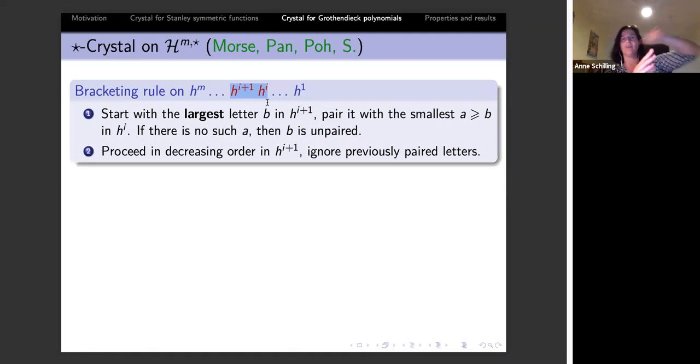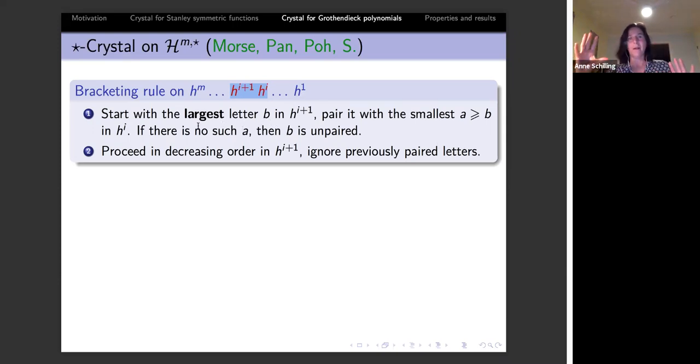And then we had this bracketing rule. We bracketed a letter here with something bigger, the smallest one that was bigger in the right factor. And basically, we are now going to do exactly the same with one little change, namely, instead of bracketing with something strictly bigger, we are now bracketing with something bigger or equal. Okay, so that's the only change, basically.